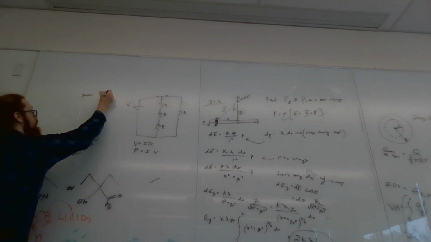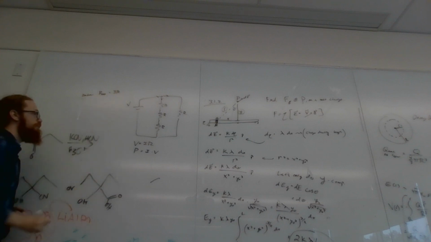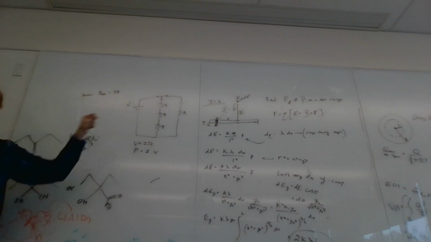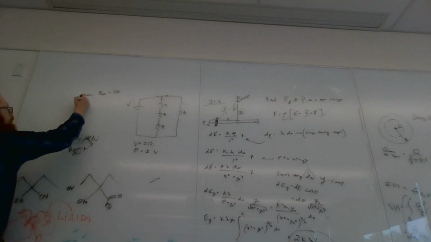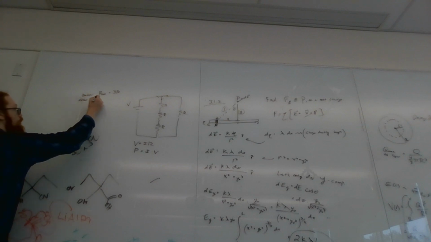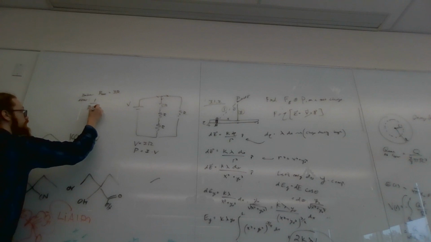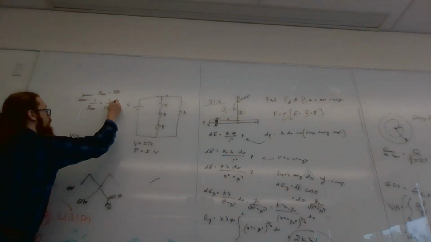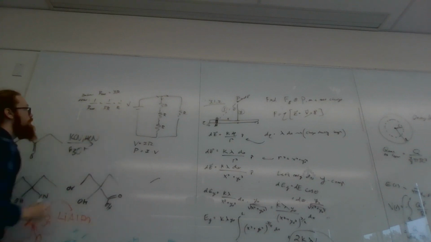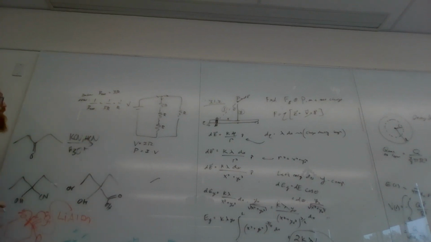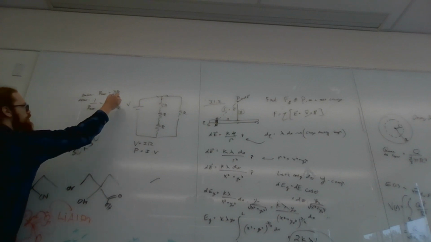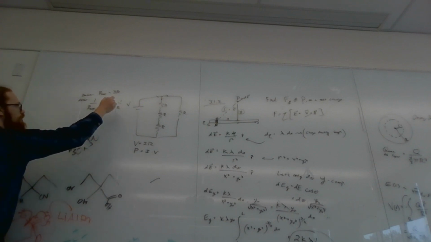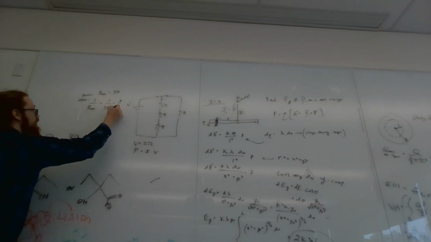R effective equals 3R. When I add in my second resistor in parallel, 1 over R effective equals 1 over this branch plus that branch. That's going to be 1 over 3R plus 1 over R. I'll multiply by 3R on both sides.